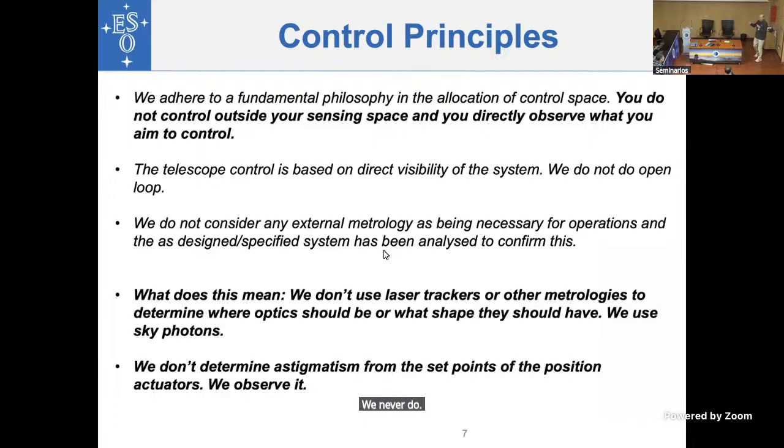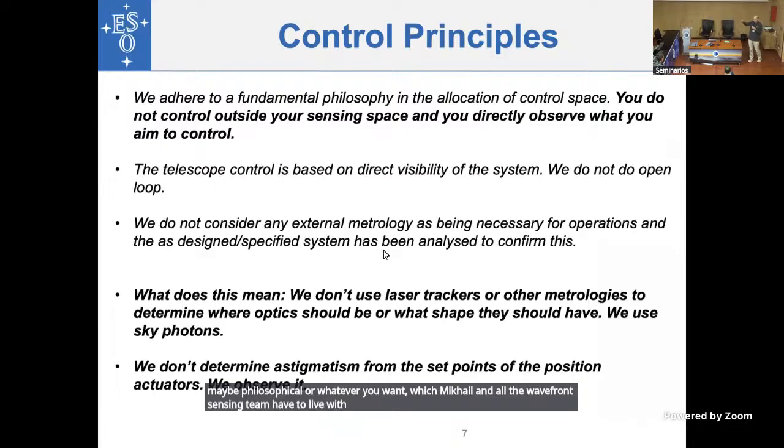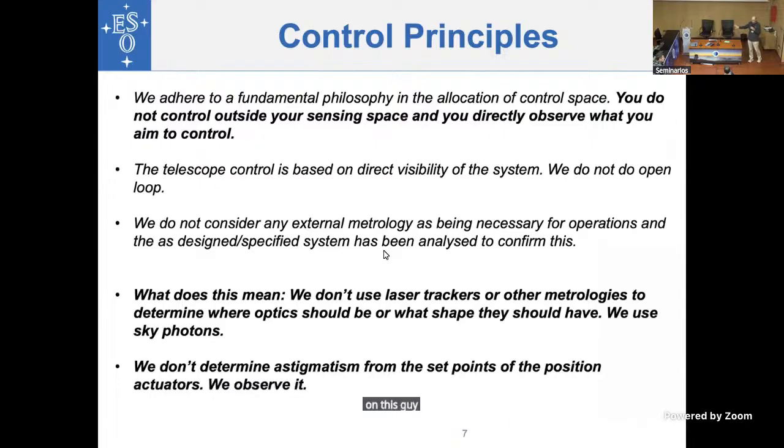This is a constraint set, maybe philosophical or whatever you want, which Michael and all the wavefront sensing team have to live with, and the mechanical guys have to live with. If you can't see it on the sky, then we're not moving. When it's built, you can do whatever you want.